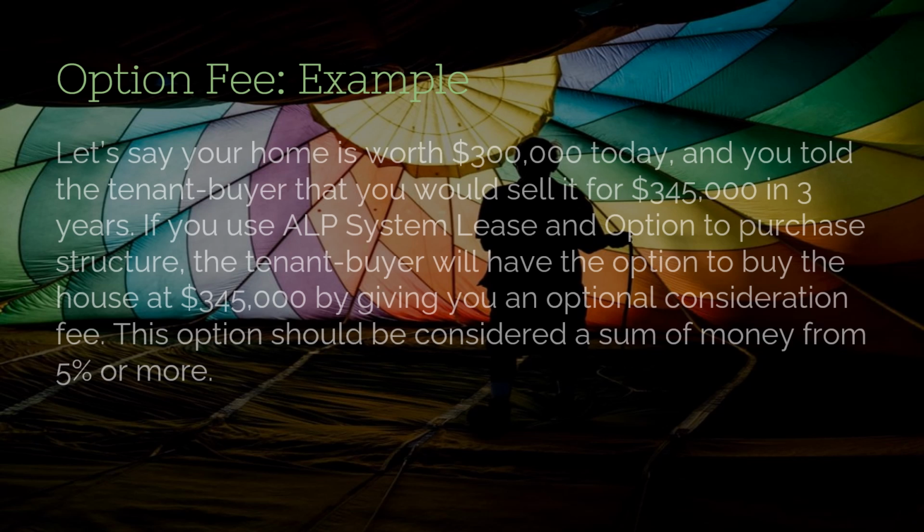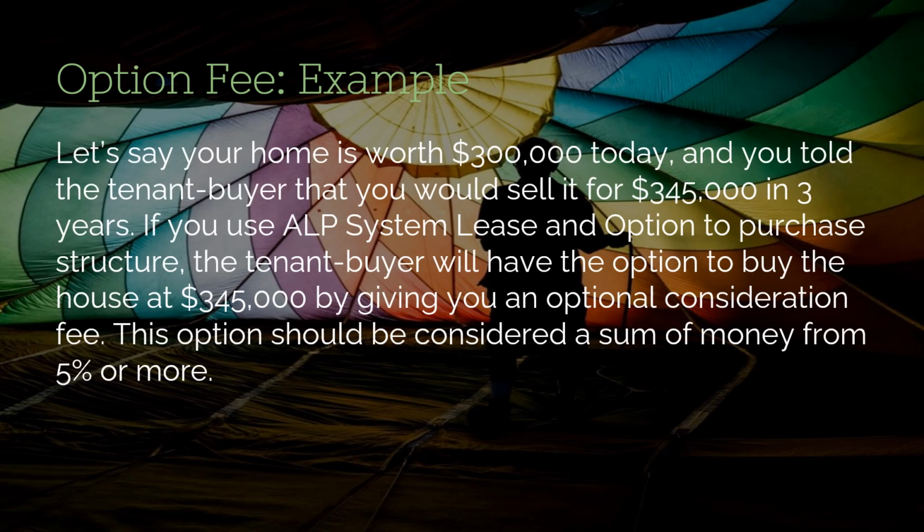And you agreed with your tenant buyer that they will buy it within 3 years for $345,000. If you use the ALP system to structure the purchase, the tenant buyer has the option to buy at $345,000, giving you an option consideration fee.